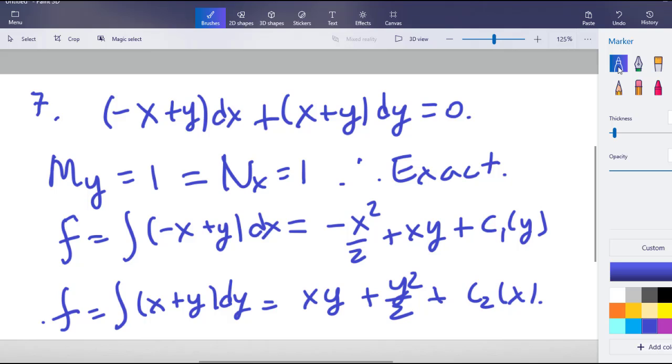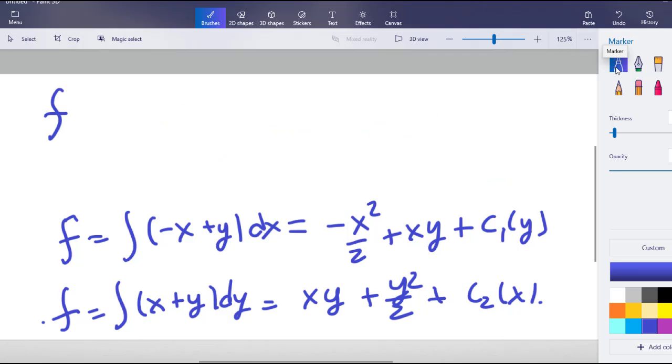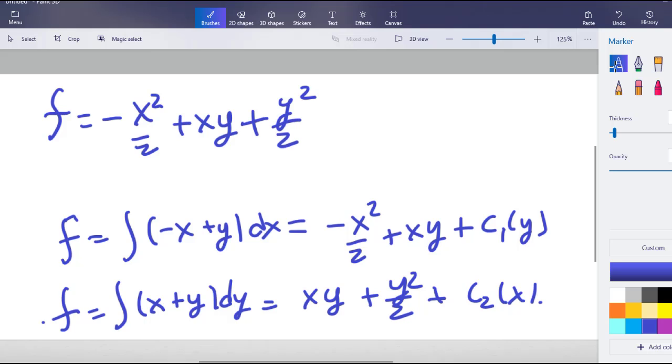We have two versions of the function little f. We reconcile those. To reconcile these functions, note that the solution is negative x squared over 2 plus xy plus y squared over 2.